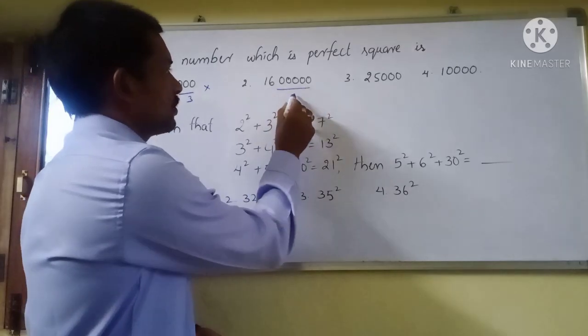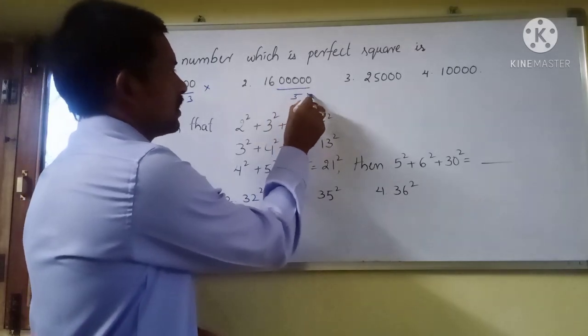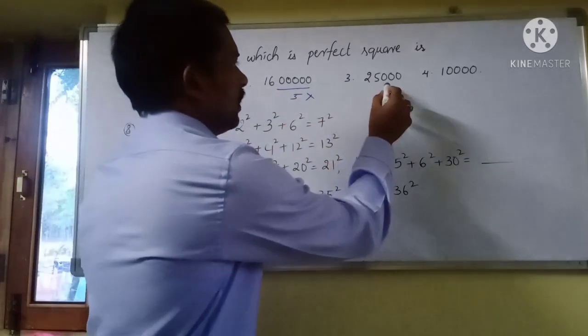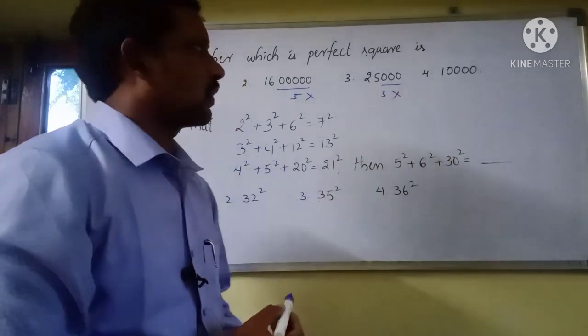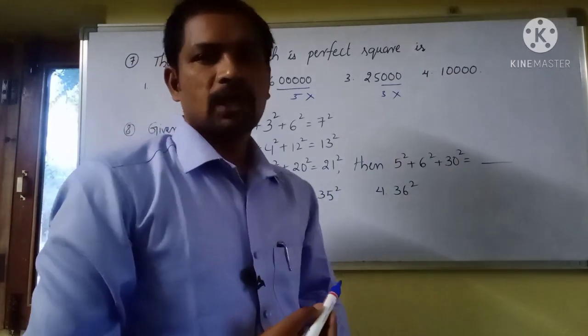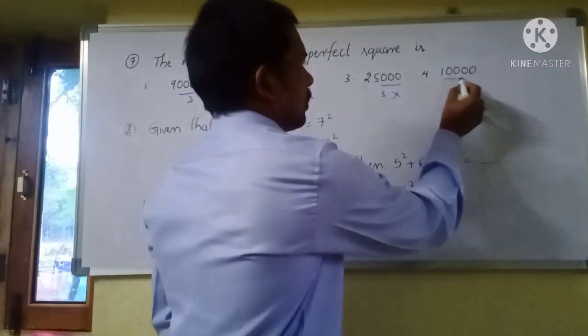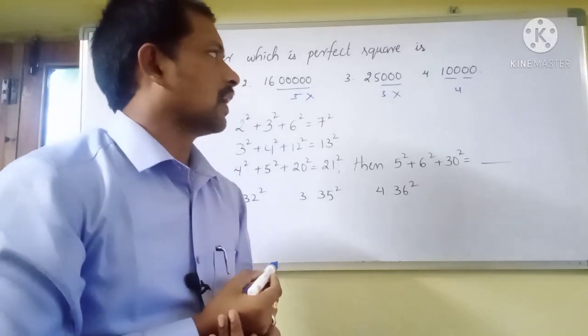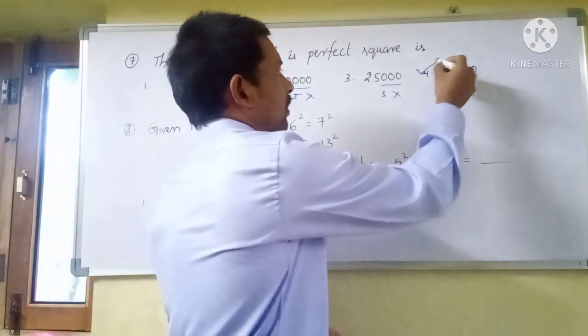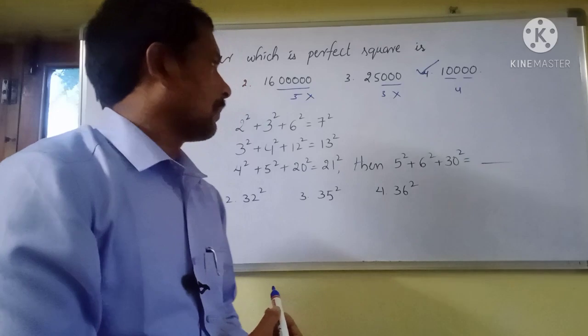Here 5 zeros, this is not a perfect square. Here also 3 zeros, so this is not a perfect square. Coming to option number 4, 4 zeros, that means an even number of zeros, so this is a perfect square number.